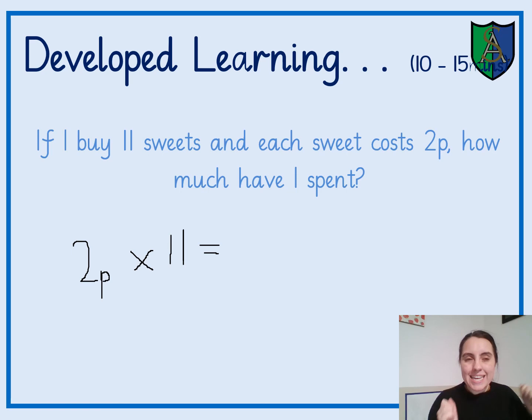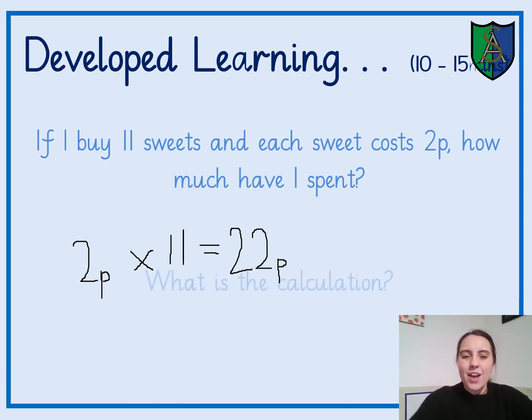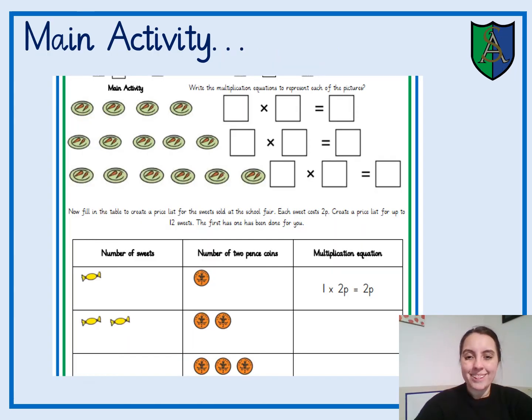If I was timesing 8 by 11, the answer would be 88. So what do you think the answer would be here? Well done if you said 22. Good job. 22 pence. Fantastic.